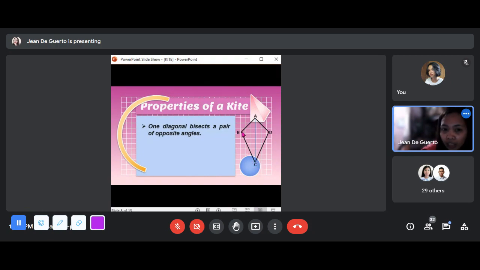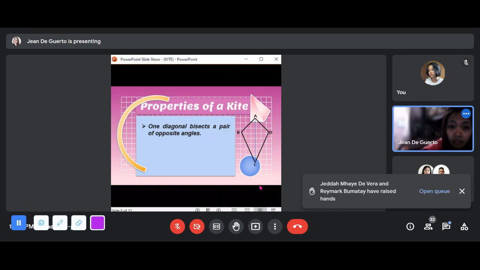So that means if angle C, the whole angle BCD, is 80 degrees, what will be the measure of angle BCA and angle DCA? What will be the measure of each angle? If the whole angle C is 80. Jeddah?